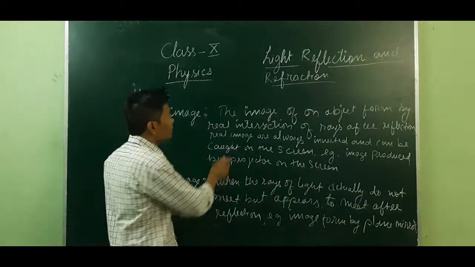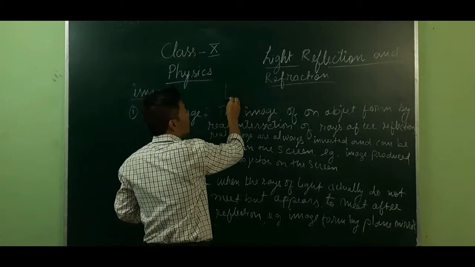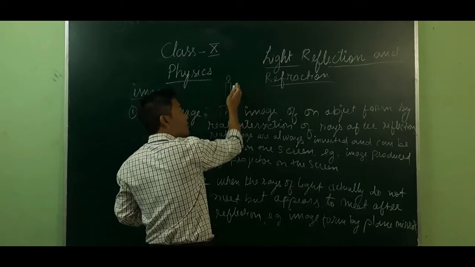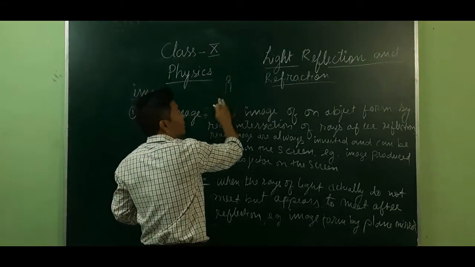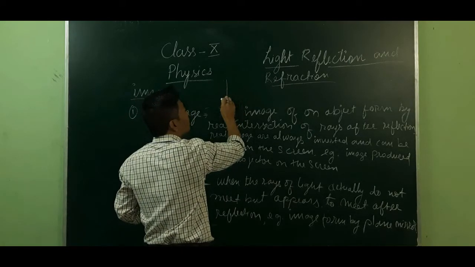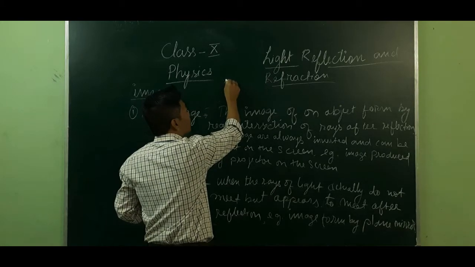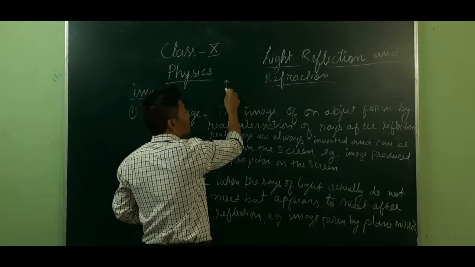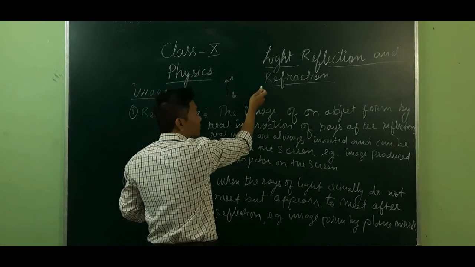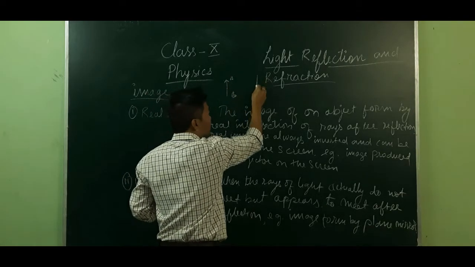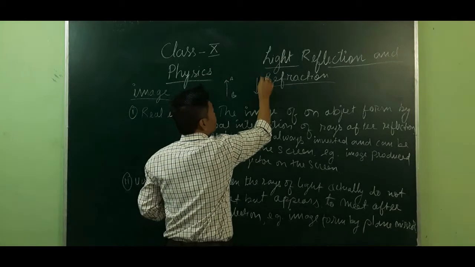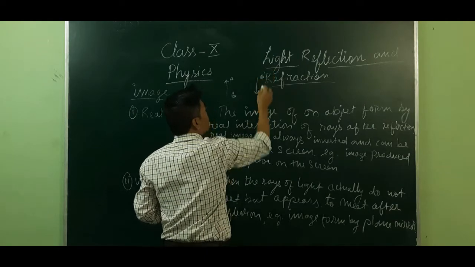For example, let's say this is a candle. Now we'll represent this object by a simple drawing. Let's say this arrow is the object. So in case of a real image, this object AB, when you see the image of this object, you will see it upside down, inverted, A dash B dash.